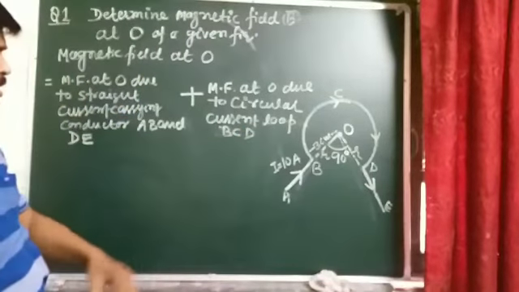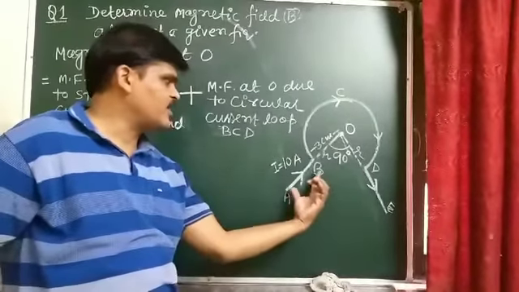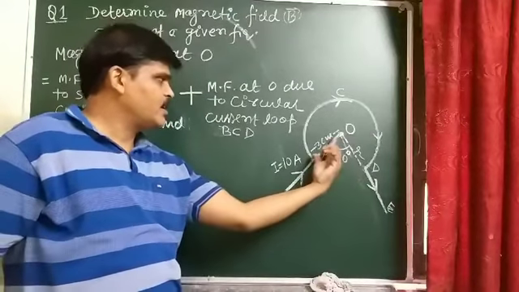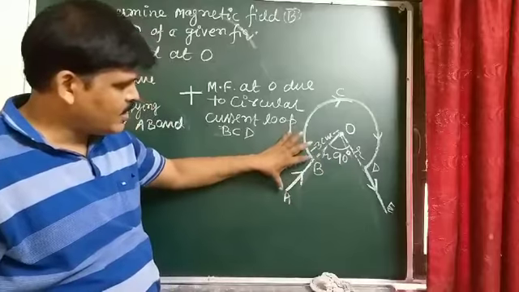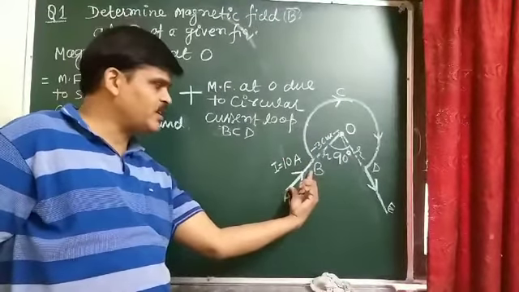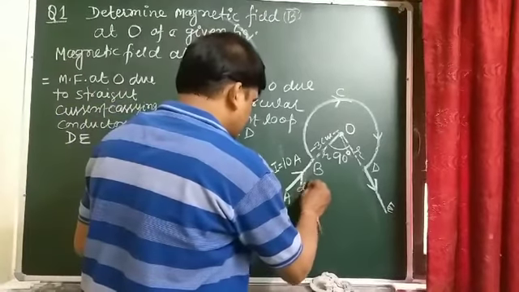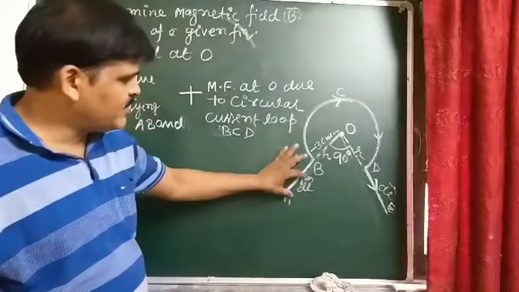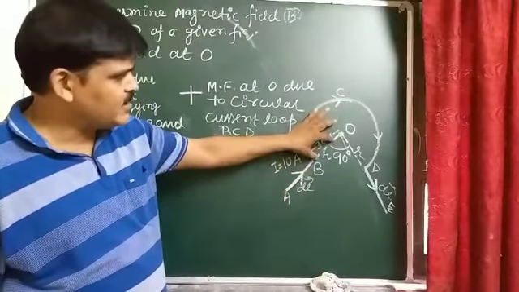And student, there will be no contribution of magnetic field due to the straight current carrying conductors, because the angle between the current element vector, taken to be dl vector, and the position vector is 0.